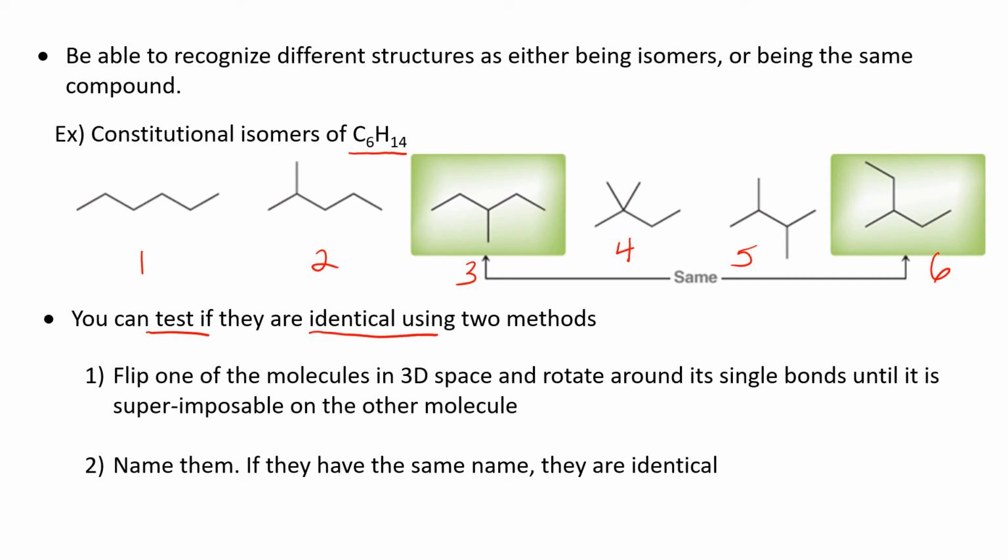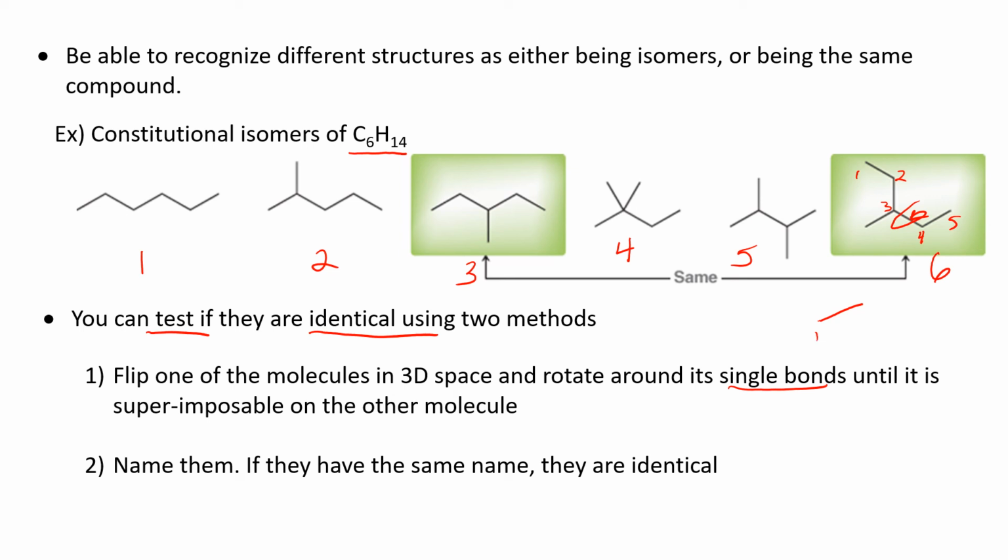You can flip one of the molecules in 3D space and rotate around its single bonds until it's superimposable on the other molecule. For instance, if we rotate this one here, if we rotate this single bond, and so let's call this carbon 1, 2, 3, 4, and 5.